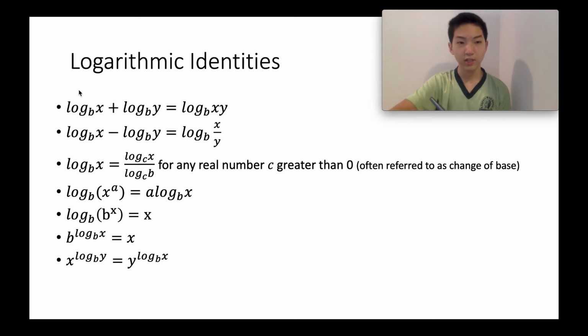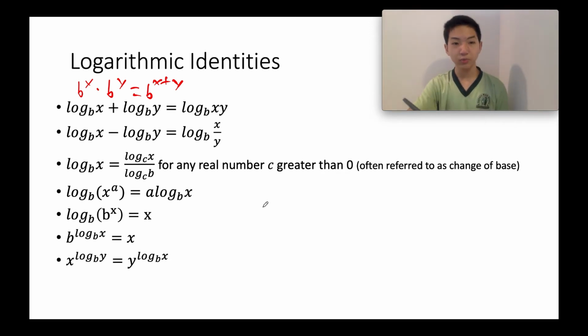So remember, for exponents, if you have b to the x times b to the y is equal to b to the x plus y. It's just kind of the inverse, because instead you start off with addition instead of multiplication, and then you end with multiplication instead of addition.